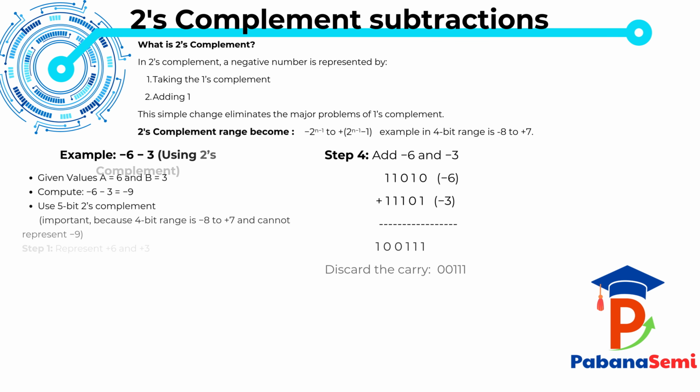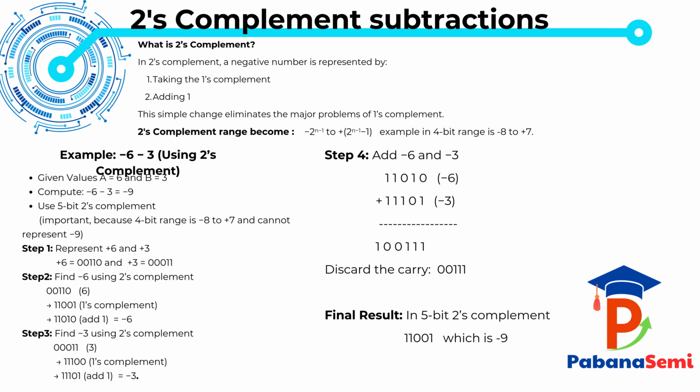Now, let's solve -6 minus 3 using 2's complement, the method used in real processors. We first choose a safe bit width. Since the result is -9, we use 5 bits. We convert +6 and +3 into their 2's complement forms. -6 becomes 1110, and -3 becomes 1110.